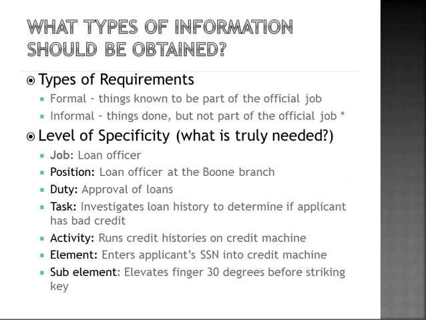Then we have, after types of requirements, the levels of specificity. What is truly needed? So here, let's look at the levels of specificity of the work activities that we've talked about.